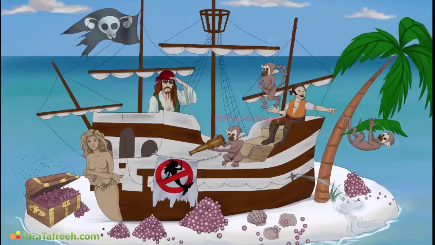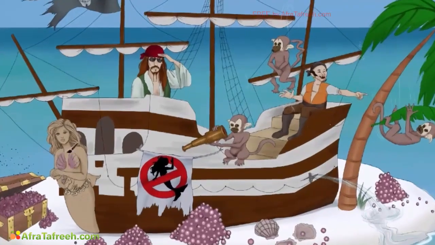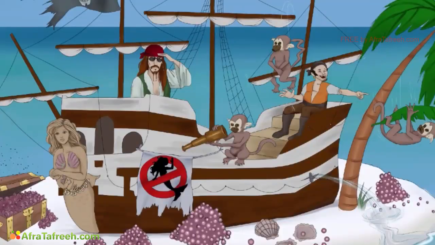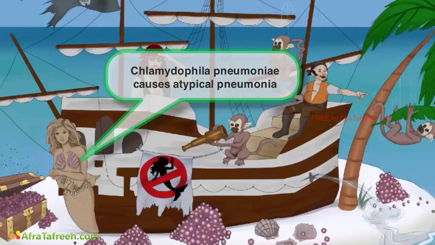The only thing you really need to know about Chlamydophila pneumoniae is that it causes atypical pneumonia, or walking pneumonia, very much similar to Mycoplasma and Legionella, except that it's more common in the elderly as opposed to young adults. In the interest of time and your attention span, we'll leave it at that. We'll represent this pneumonia by giving our adult mermaid a clamshell bra. These clamshells are meant to look like her lungs, and we'll have some algae growing on these as well to represent pneumonia.